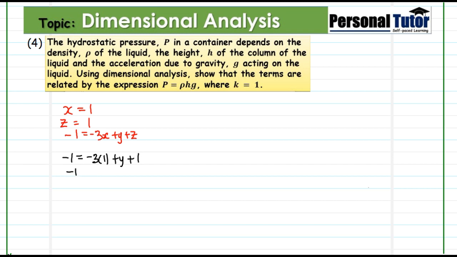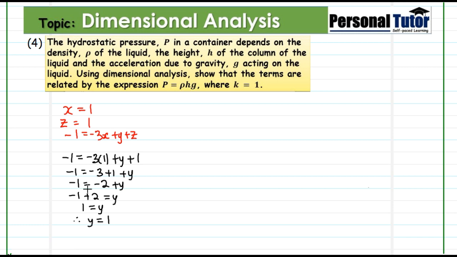We have -1 equals -3 plus 1 plus Y. So -1 equals this, and that will amount to -2 plus Y. Then -1 plus 2 equals Y, plus 2 because -2 crosses the equal sign. Then -1 plus 2 is 1, equals Y. Therefore, Y is also 1.